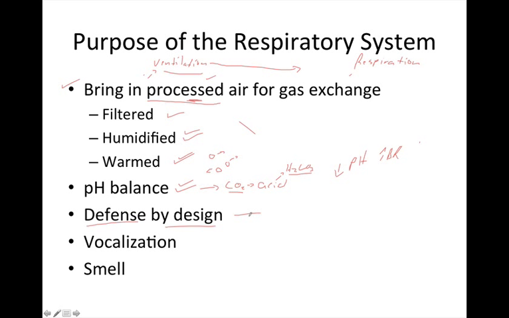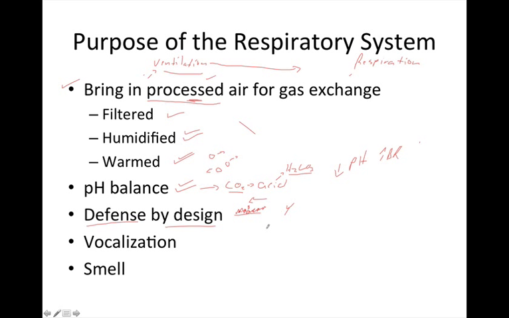So as air physically comes in contact with the mucus, those unwanted particles get trapped in the mucus, and then we propel the mucus up and out, which I'll cover more in a little bit. And there are also antibodies, IgA, and enzymes in the mucus to help us ward off any potential pathogens that we breathe in as well.